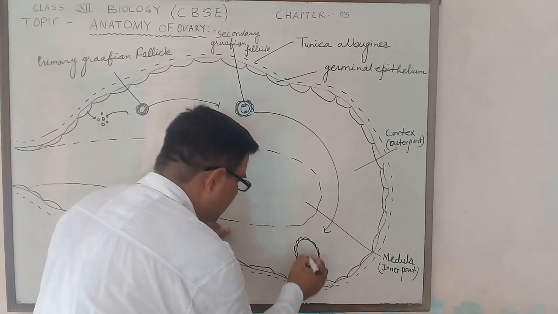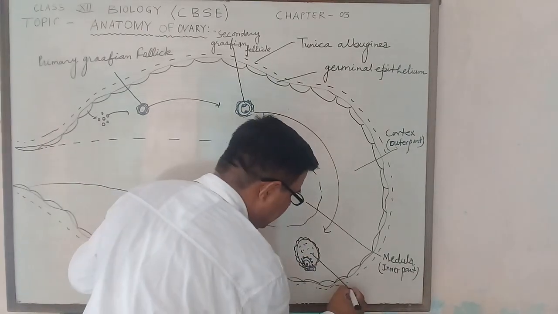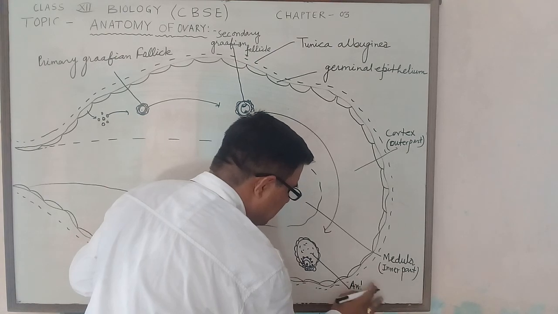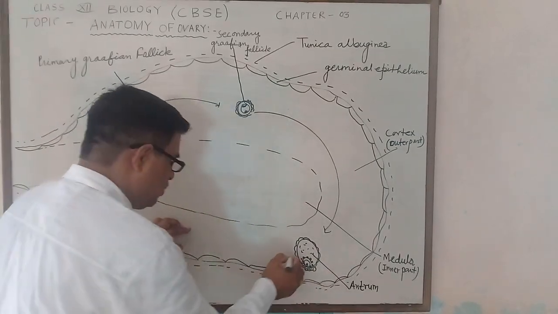The mature Graafian follicle has a fluid-filled cavity called the antrum, present between the secondary oocyte and the membrana granulosa.